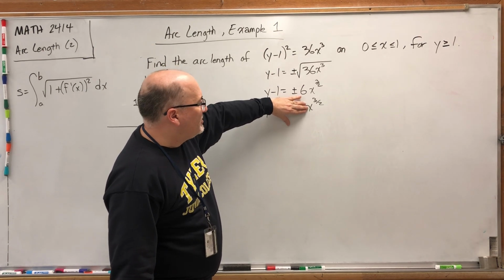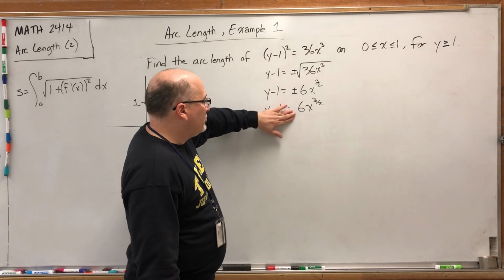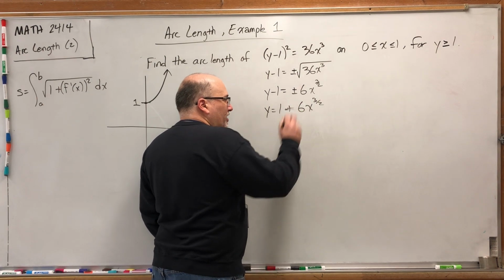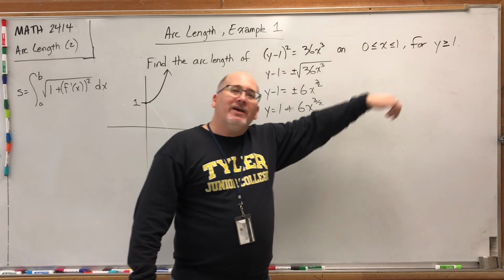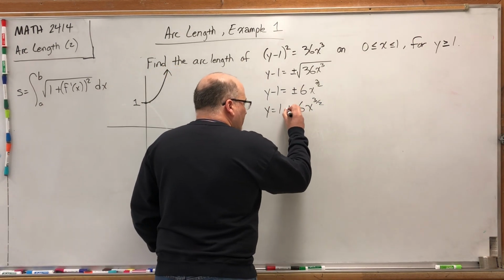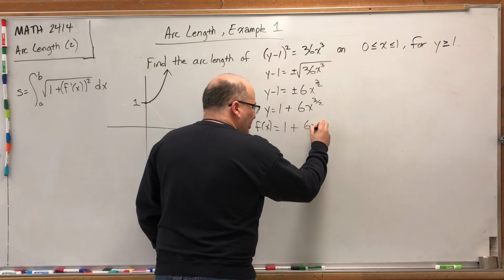So mostly it's positive. Times 6 is still positive. So it boils down to, do we want to do 1 minus a positive number or 1 plus a positive number? Well, if we're keeping the y's greater than or equal to 1, it has to be 1 plus. So our function is f of x equals 1 plus 6x to the 3/2.